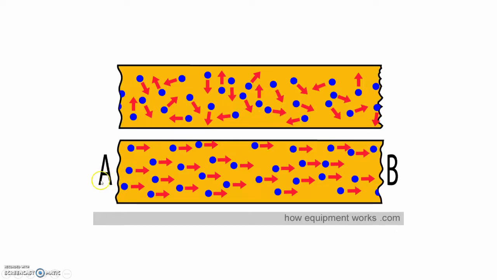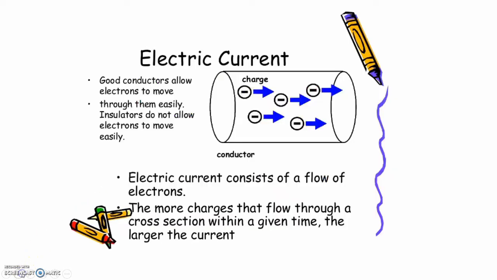However, if you have got a potential difference, in other words, a voltage, a power supply, possibly from a battery, then that is going to give you a positive and a negative, and your electrons are going to be attracted towards the positive side of the battery, and the holes that have been vacated by the electrons are going to move towards the negative side of the battery. And that's what gives us our flow of electric current, those electrons moving along a wire from one atom to another, but in a specific direction caused by the potential difference.